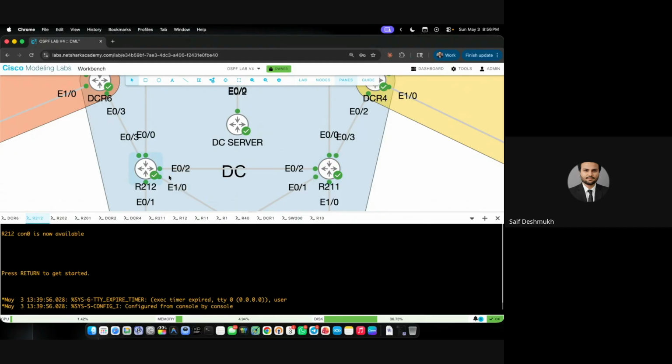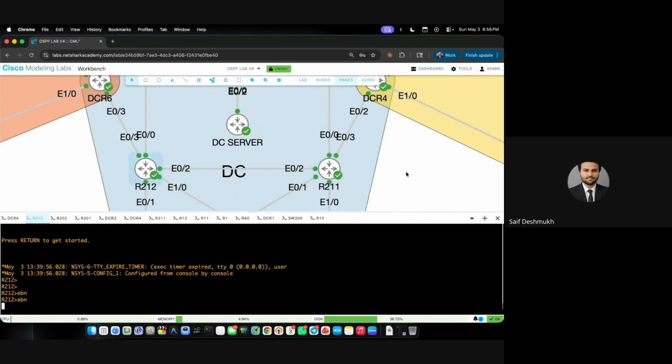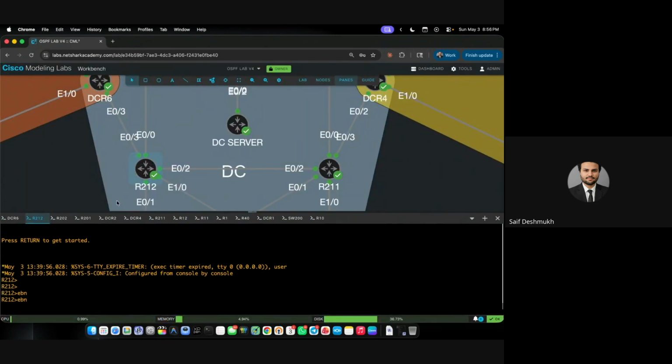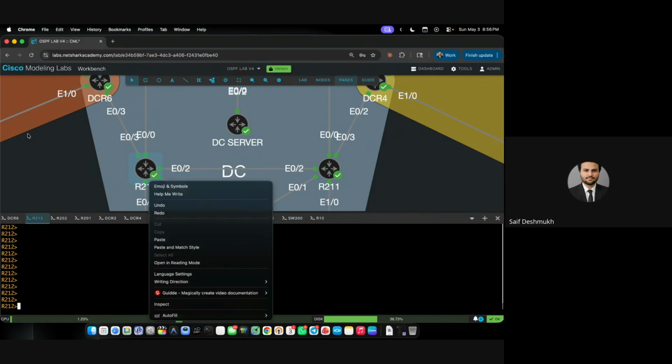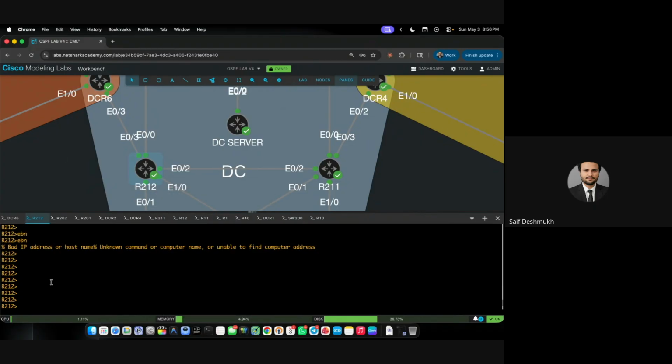Let's go to 212. I think I should change the view. That is better. Here, router ospf 1.